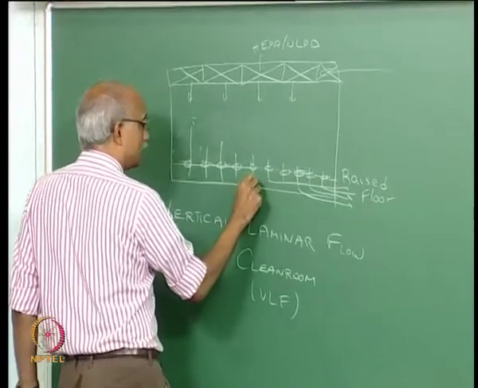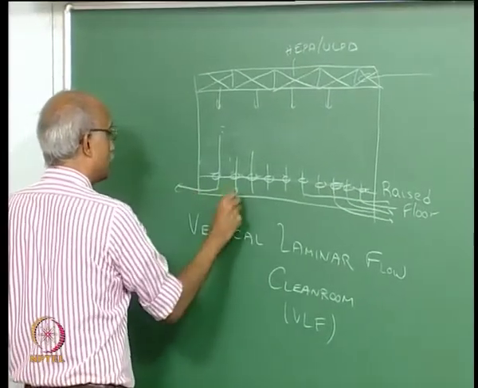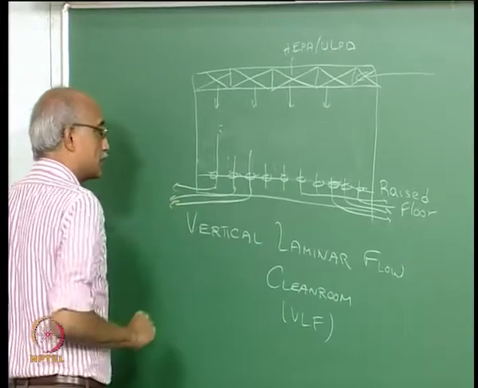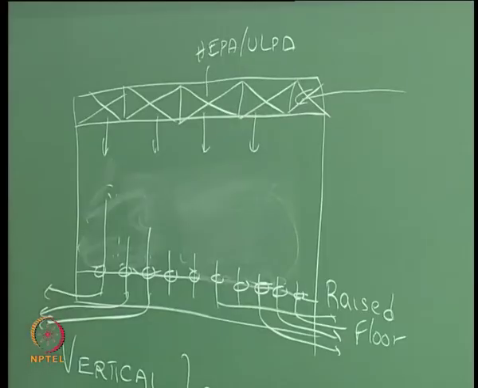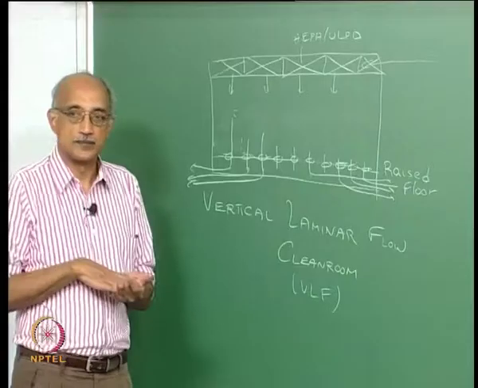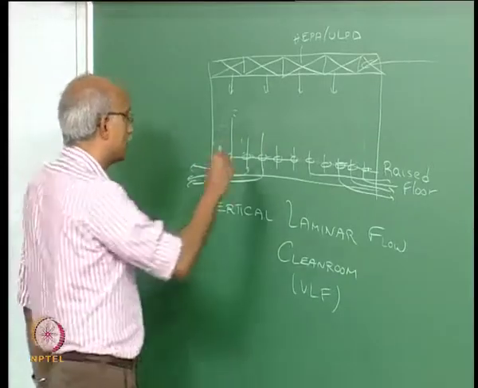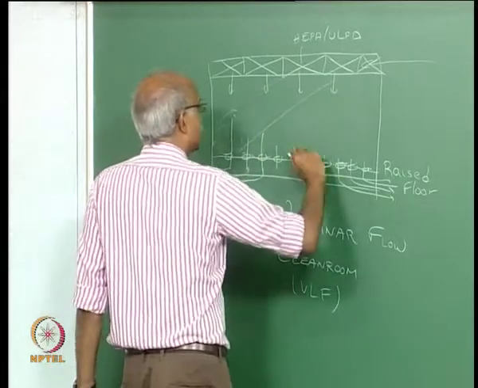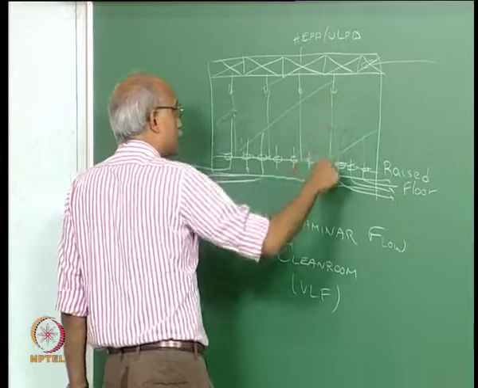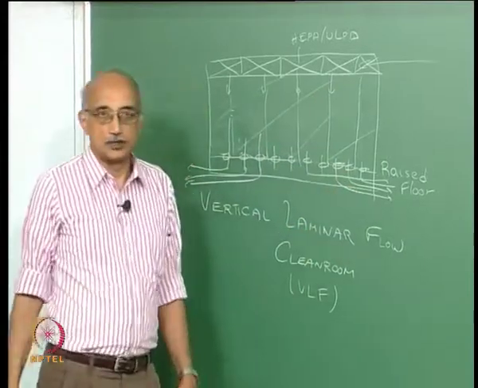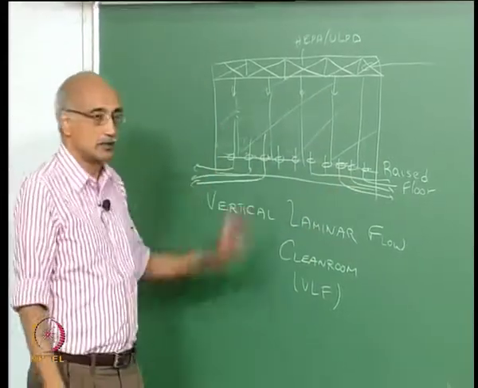So all the air is essentially made to leave in this fashion. So again, you do have stagnation flow, but now it's below the critical manufacturing location, because all the manufacturing operations are only taking place in this area. So within this area, the flow remains essentially vertical and laminar. So this is the ideal configuration.